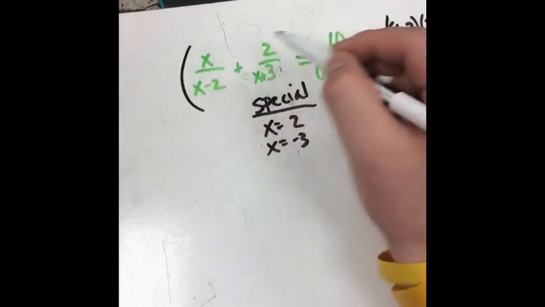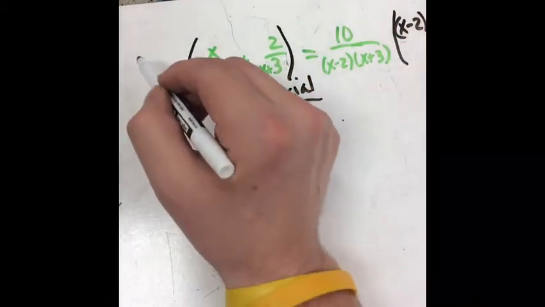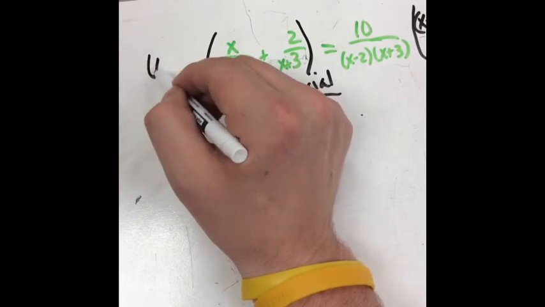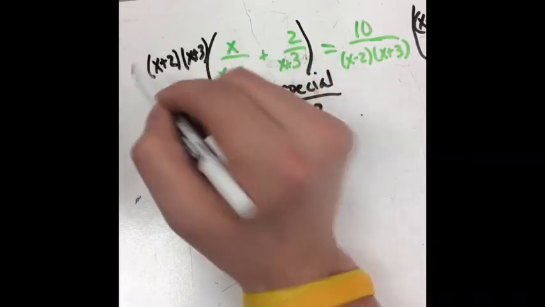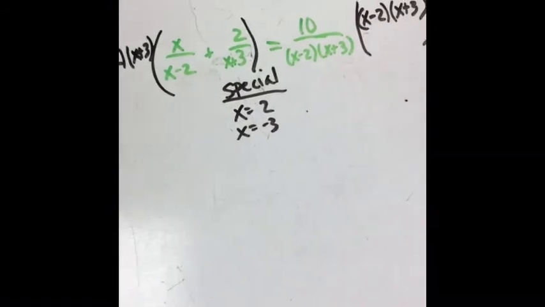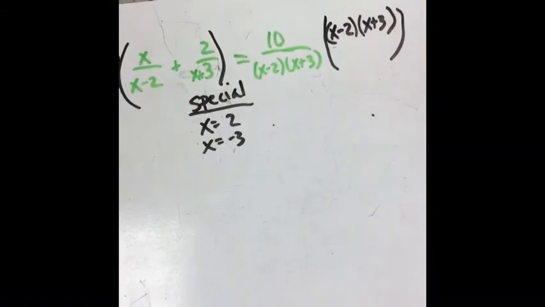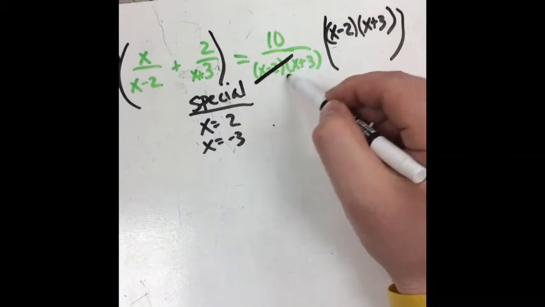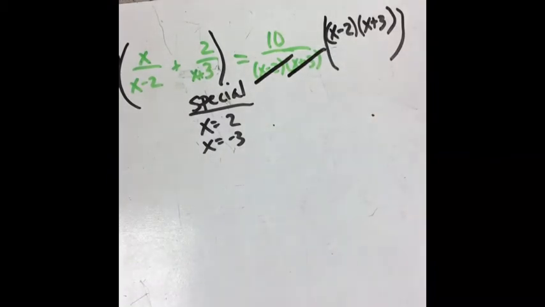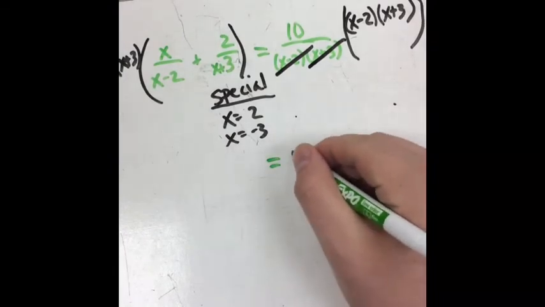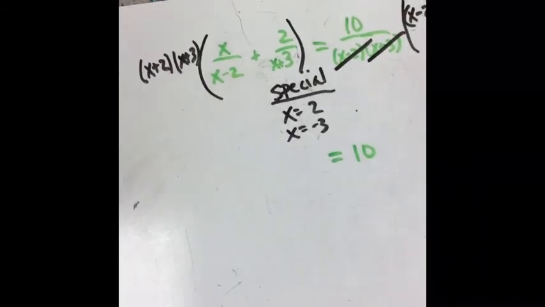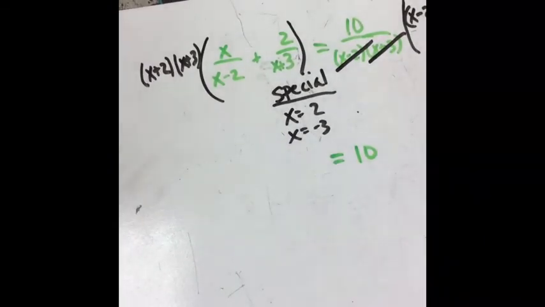So we're going to multiply both these factors by x minus 2 and x plus 3. Okay, by doing this, certain things are going to happen. First of all, we are going to clear out the denominator on the equal sign, and we'll be looking at something that equals 10.